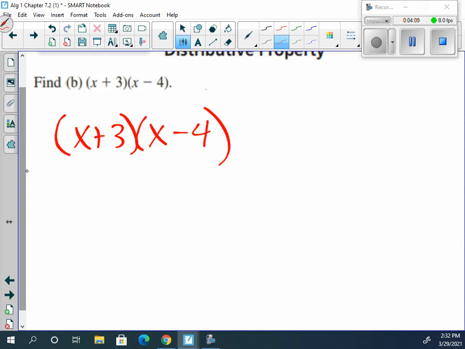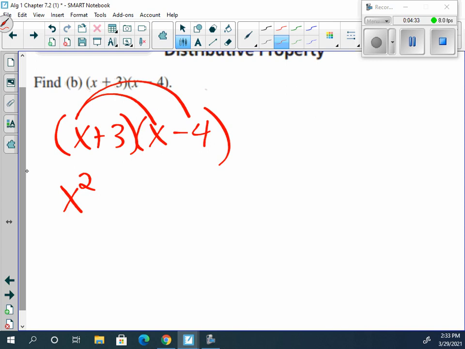So we're going to be multiplying these here together. So I always start off with the first term in the first set of parentheses. I always start off with x, and multiply it through everything in the other parentheses. So x times x would be what? X times x, which is x squared.